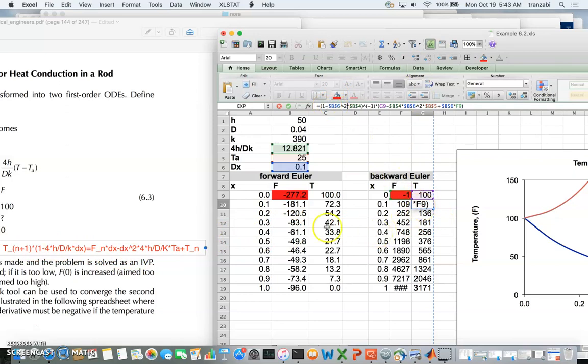Okay, so tn plus 1 is going to be this thing raised to the negative 1 power, because we're going to divide through both sides by this. This is just problem constants. So that's why I have 1 minus 4h over d over k. That's b6, right? I'm sorry, that's dx. So 1 minus dx.